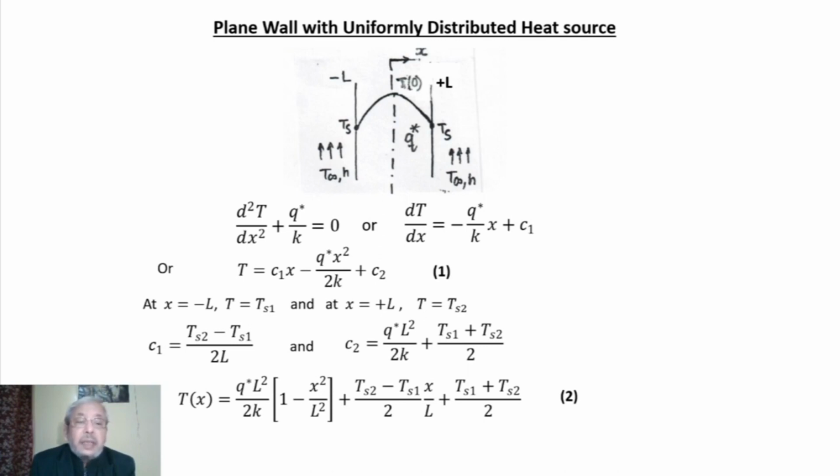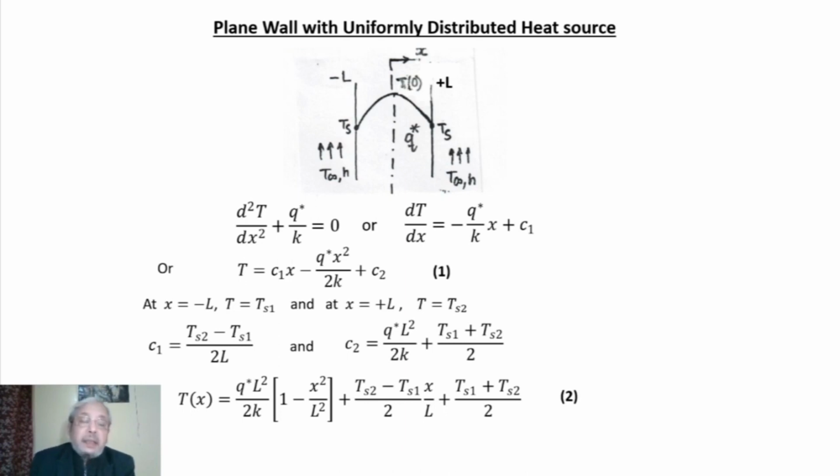C1 will be Ts2 minus Ts1 by twice L. Having found C1, if we substitute C1 in equation 1 and use the condition x equal to plus L, we will be able to evaluate C2. C2 will be q star L square by twice k plus (Ts1 plus Ts2) by 2.